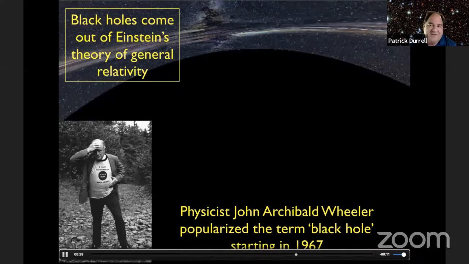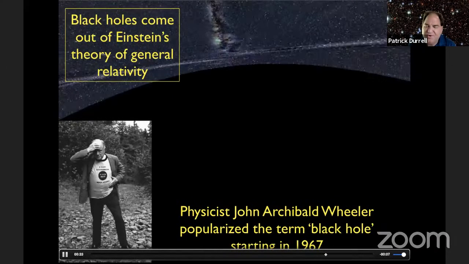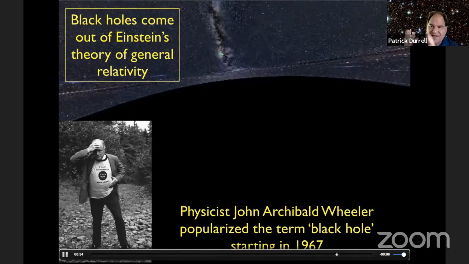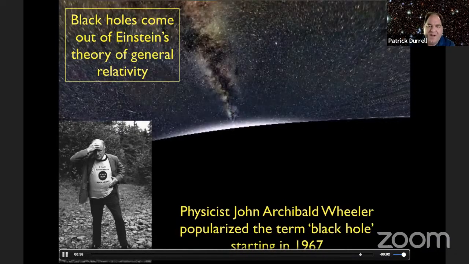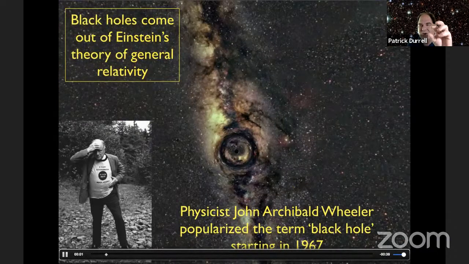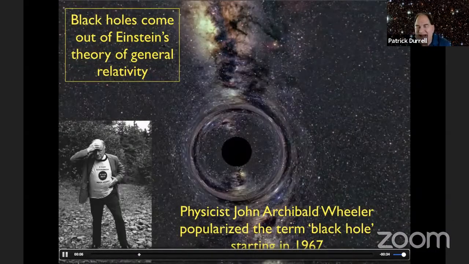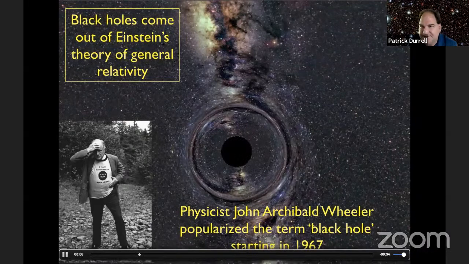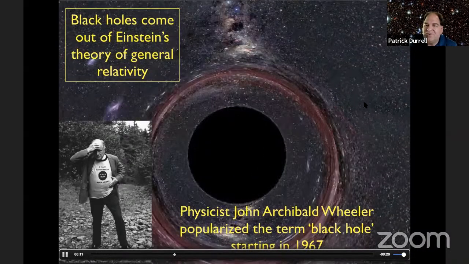He himself wasn't that high on the idea of black holes, but other people who understood his equations said, no, you can actually get a weird object like this. And this little strange animation is just the idea of a little black hole, again, where the gravity is so intense that it actually bends the light around it, acting like a lens. Okay, so this is where all the great distortions and things come from.